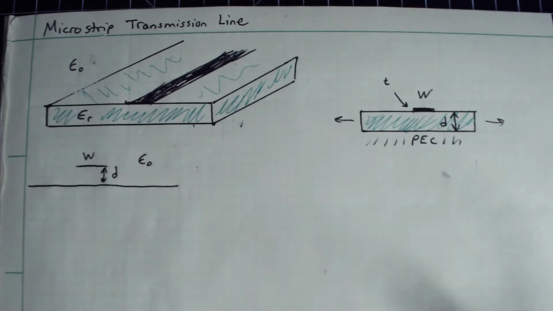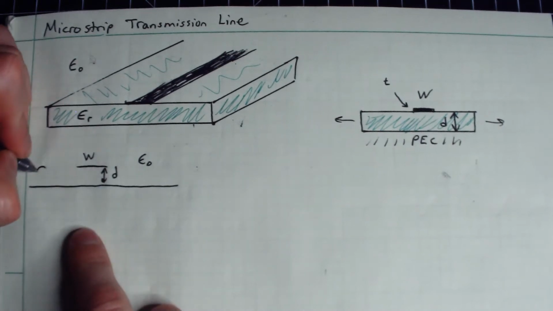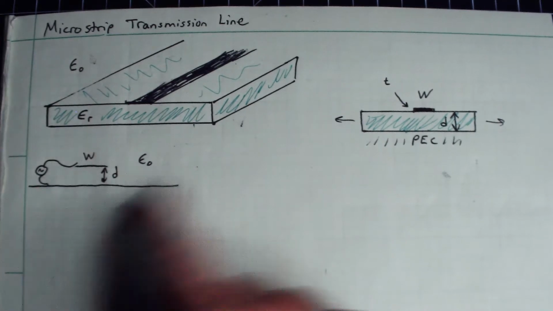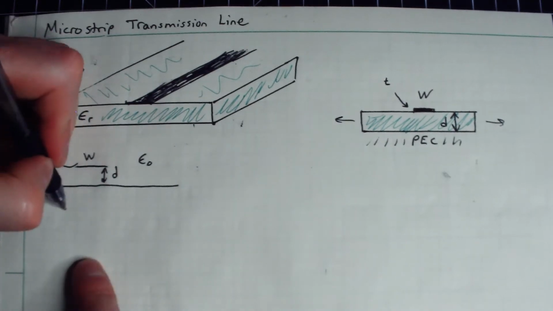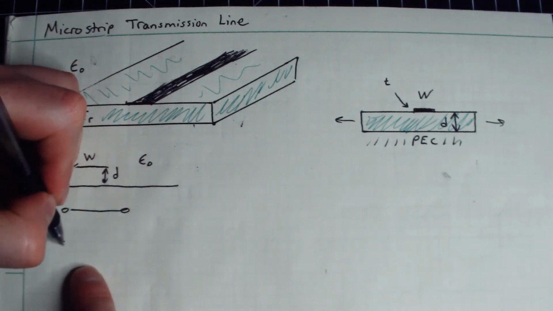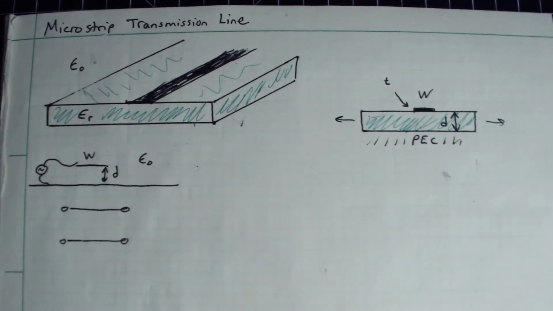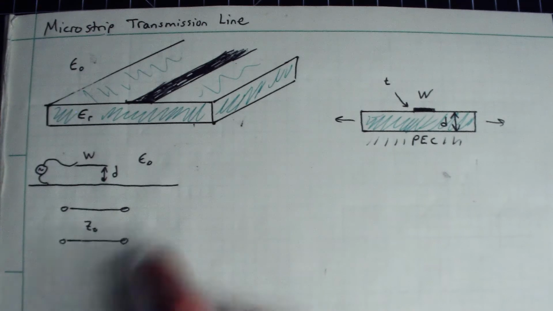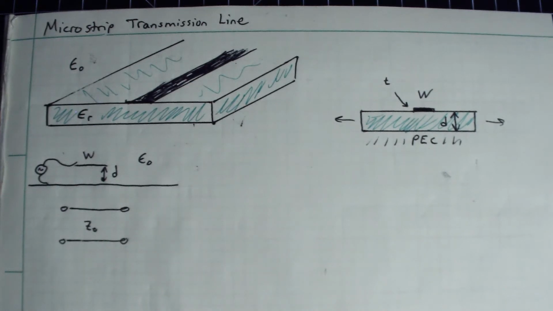In this situation, you can see how it's basically a two-conductor transmission line, right? I could hypothetically take a voltage source here and excite each of these conductors with a time-varying signal, and all of the basics of transmission line theory would apply, and we could model it as a transmission line with some characteristic impedance Z naught.